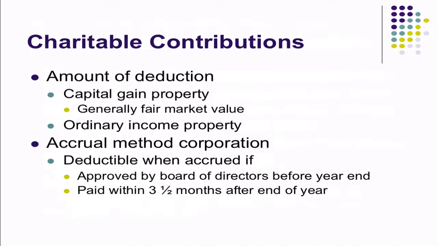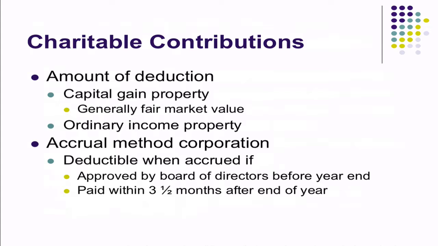And how do we handle it for book tax purposes? It's deductible when accrued if approved by the board of directors before the year end and paid within 3.5 months. So let's say I've got a piece of property that I want to give to the Catholic Church, or I want to give to Regis, for example. The fair market value of that property is $10,000.